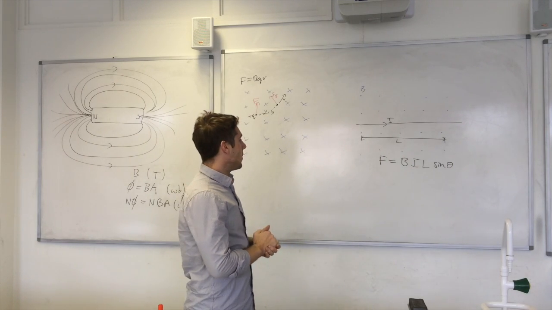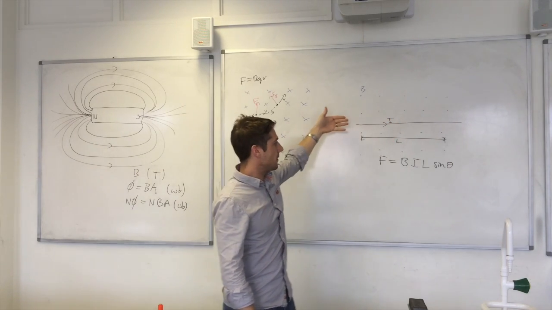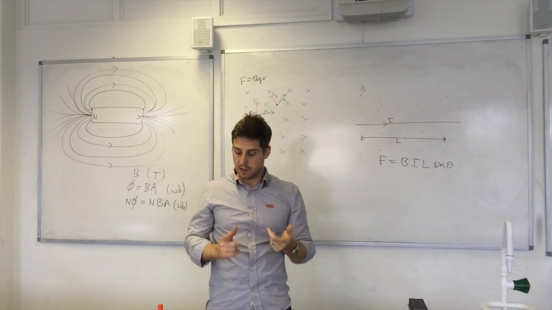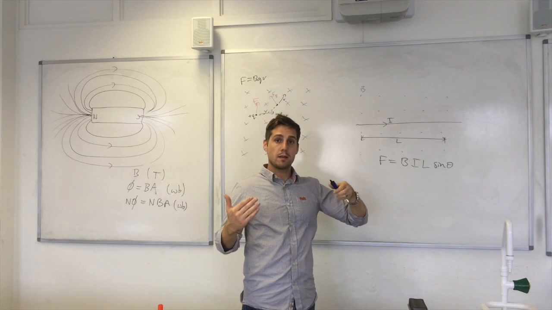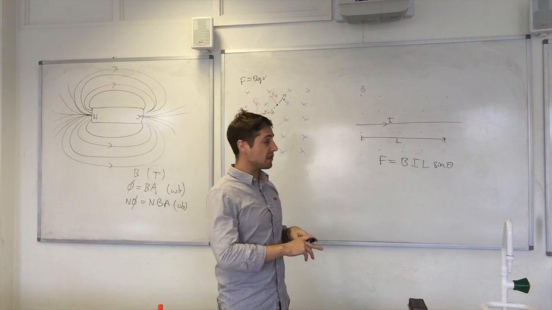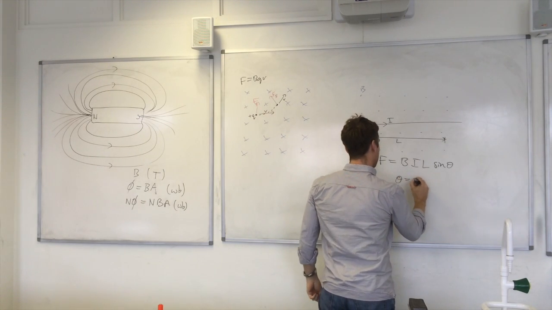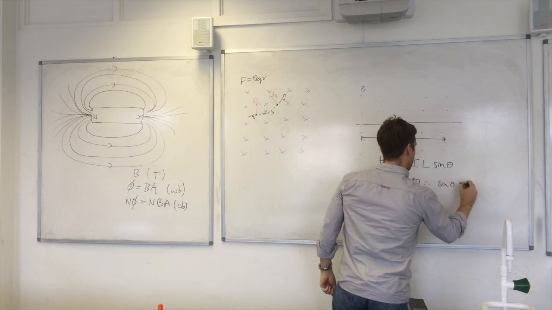Okay, now in this setup, you can see that the field is coming out of the board, current is to the right, so they're perpendicular to each other. And theta is the angle between the current and the flux lines. So in this case, if theta is 90, then sine theta is 1.